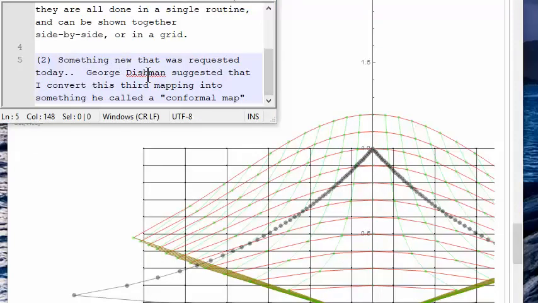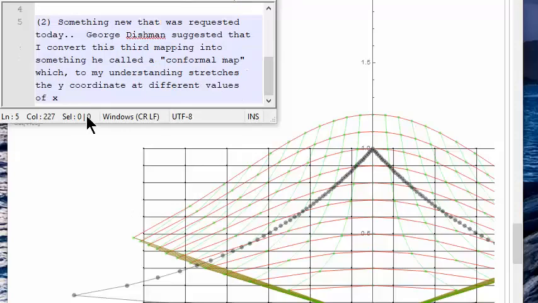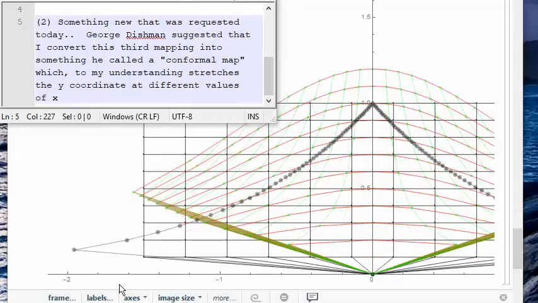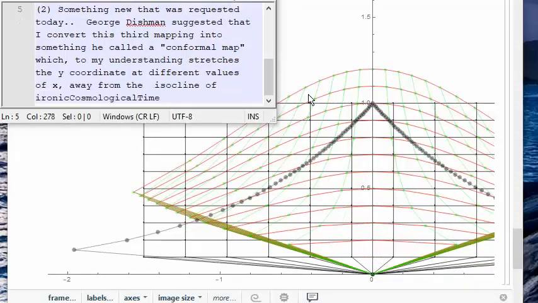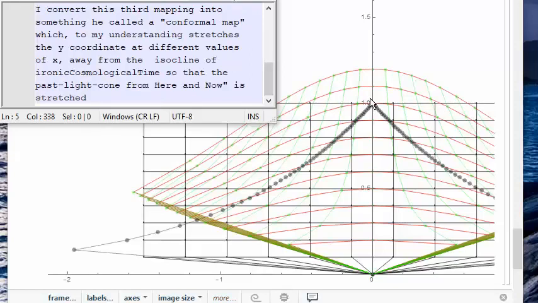George Dishman suggested that I convert this third mapping into something he called a conformal map, which to my understanding stretches the y-coordinate at different values of x away from the isocline of ironic cosmological time, so that the past light cone from here and now is stretched into a straight line.